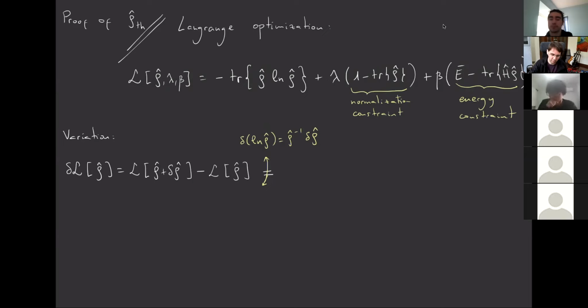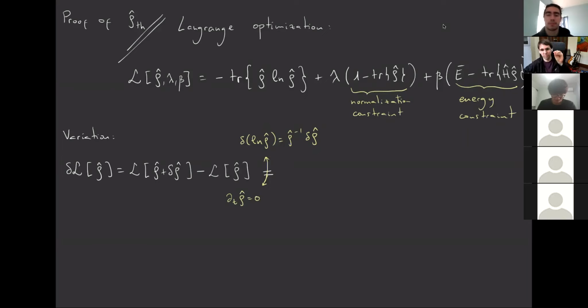And most important, rho and the variation of rho, you can assume that they commute. And the reason why you can assume that they commute is very simple. So first of all, we are looking for a state that is stationary, right? So we don't have time dependence of anything.